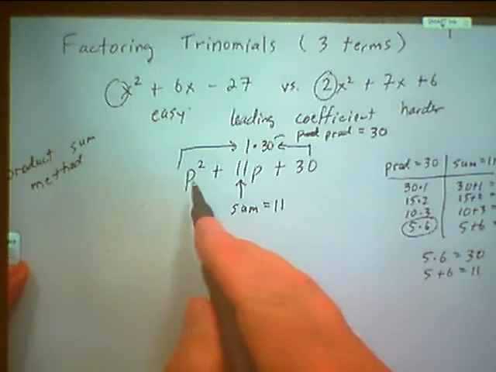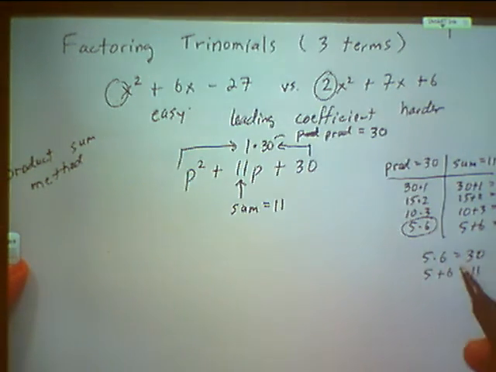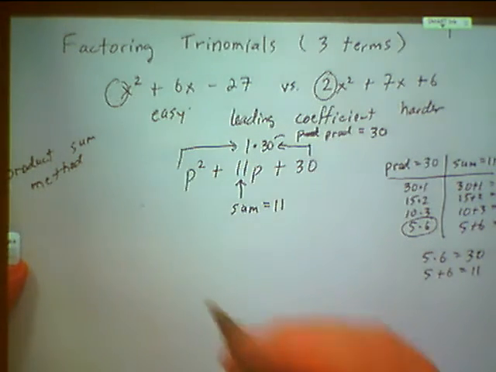Now, with this kind of trinomial, and here's the key, when you have a trinomial with a coefficient of 1, with no number in front of the square term, once you determine these factors, you're pretty much done.